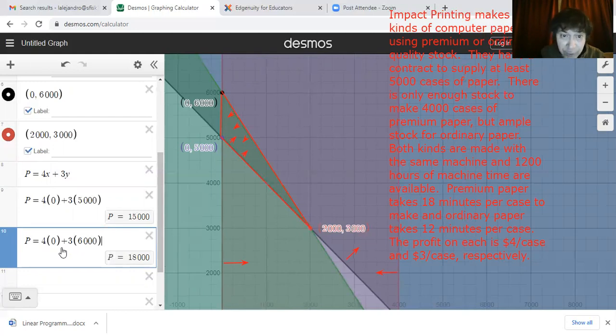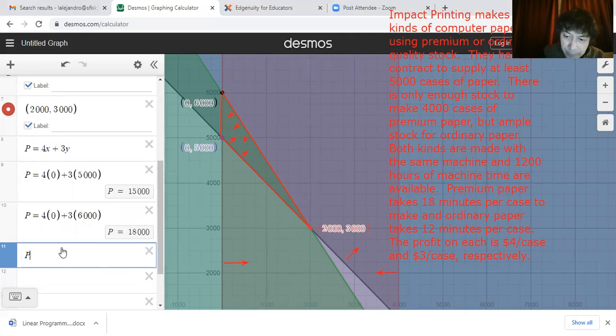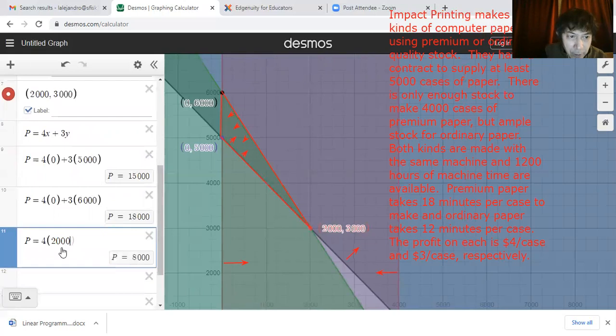Let's use the third and final point. This will be $4 times 2,000 plus 3 times 3,000. And so it looks like we have the second point for maximum. That means there should not be a production of premium type.